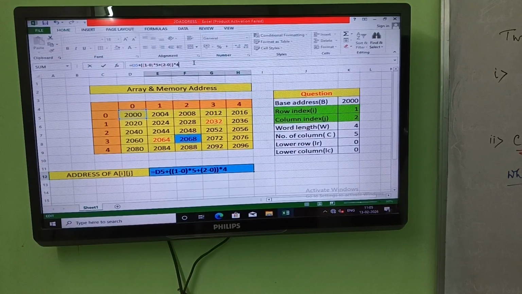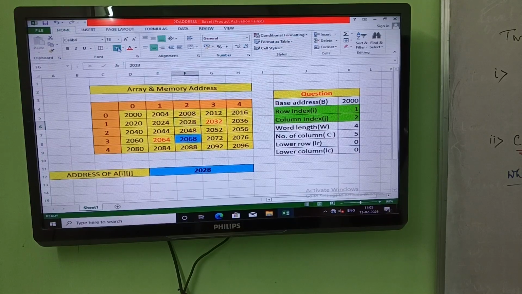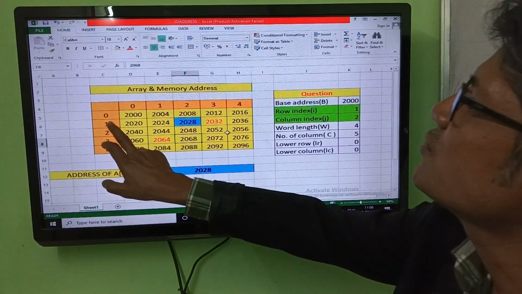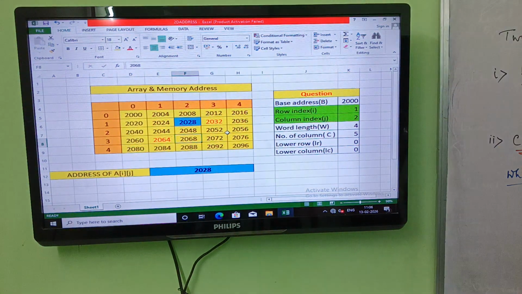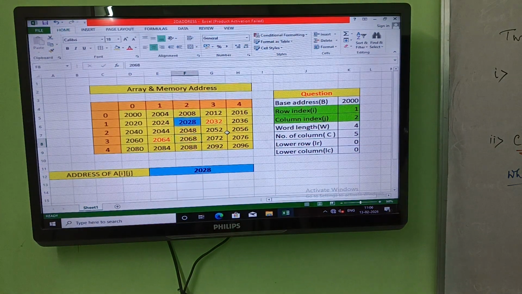Now let me press the enter key. What will you get? 2028. Now check this part. This is 1 2. So this way we can do the calculation.